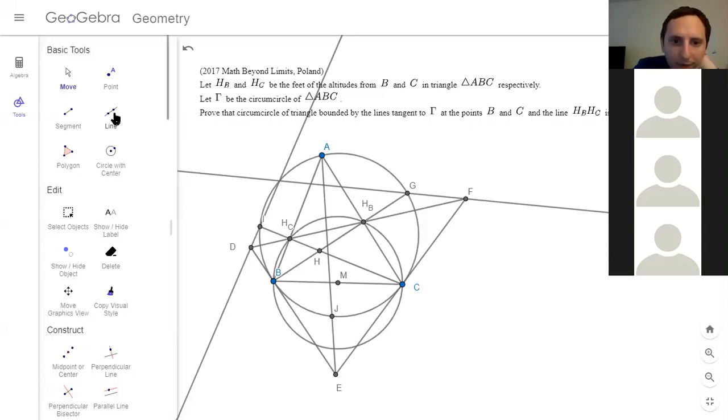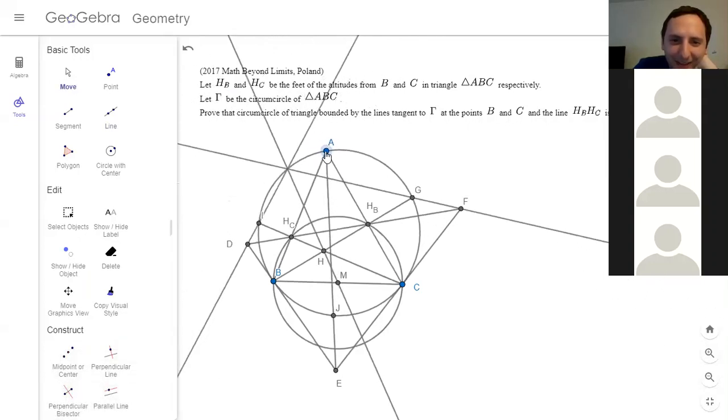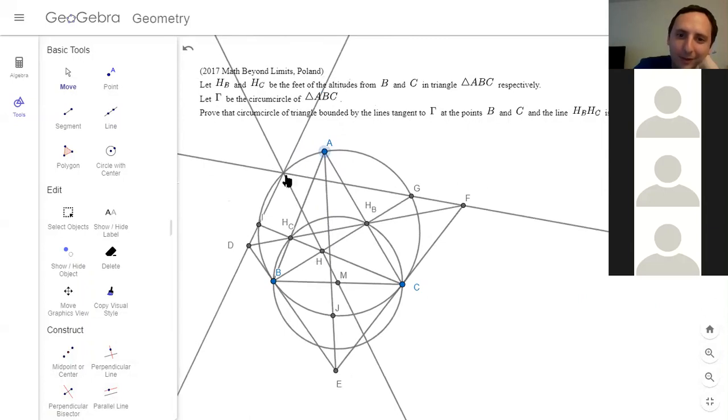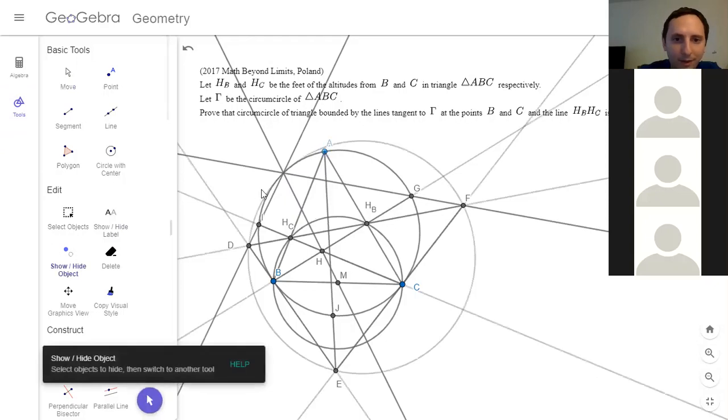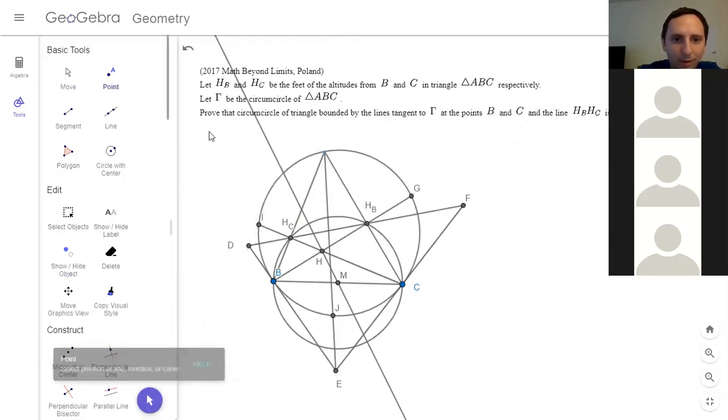I wonder if that point's collinear with H and M. Ah, it is. Interesting. So maybe we let HM intersect the circle at a point, and we show that that's collinear with ID, and the same with FG. I know this point, where HM intersects the circle, is the intersection of the circle with the diameter AH, right?